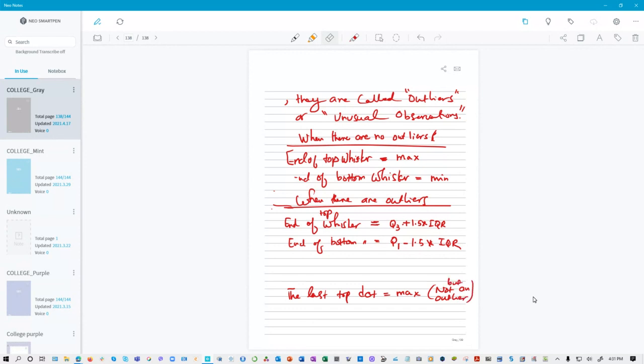On the other hand, the bottom dot is the minimum, but not an outlier. Okay, that's what I want to tell you.